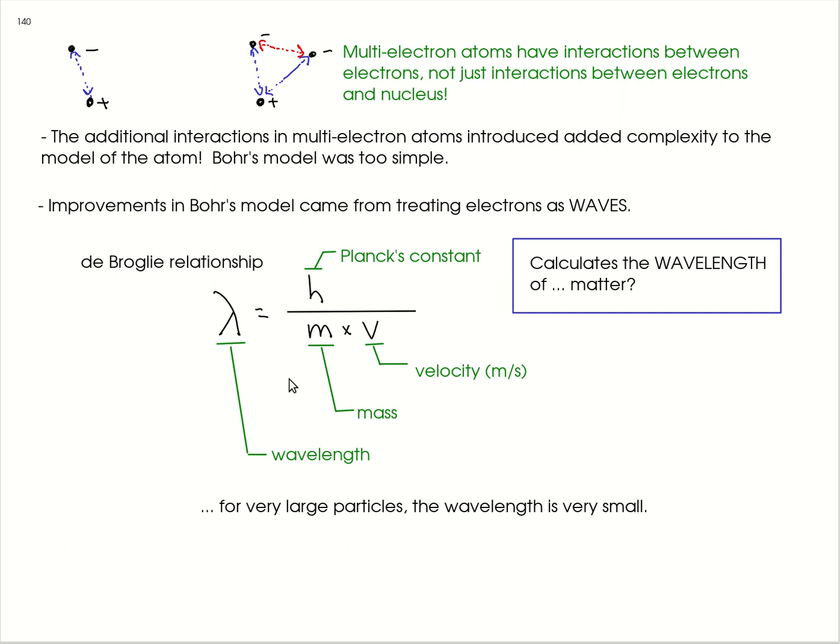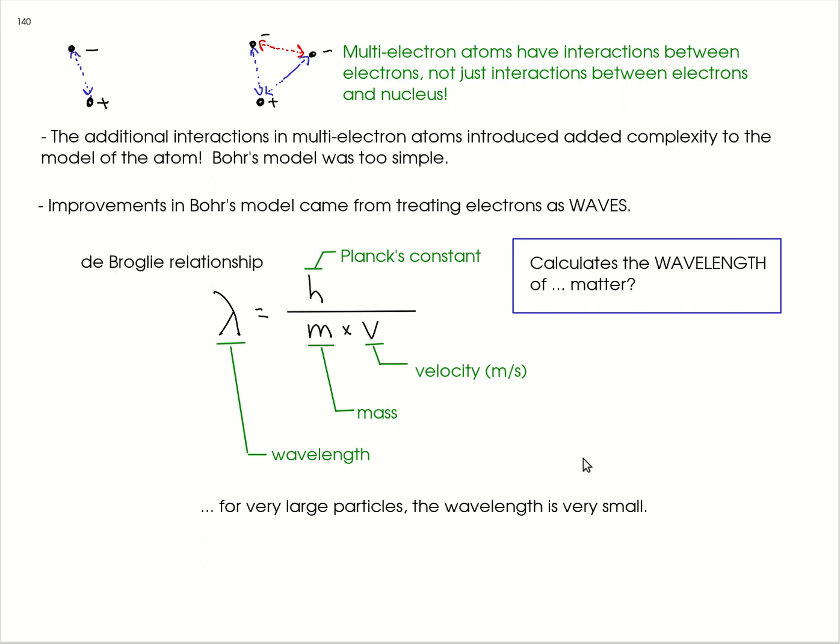But when you start looking at electrons interacting with electrons, and just electrons specifically, their mass is so small that their wave behavior tends to be very significant. In other words, it's not ignorable anymore. And that's why trying to fix the Bohr model with classical physics never ended up working.